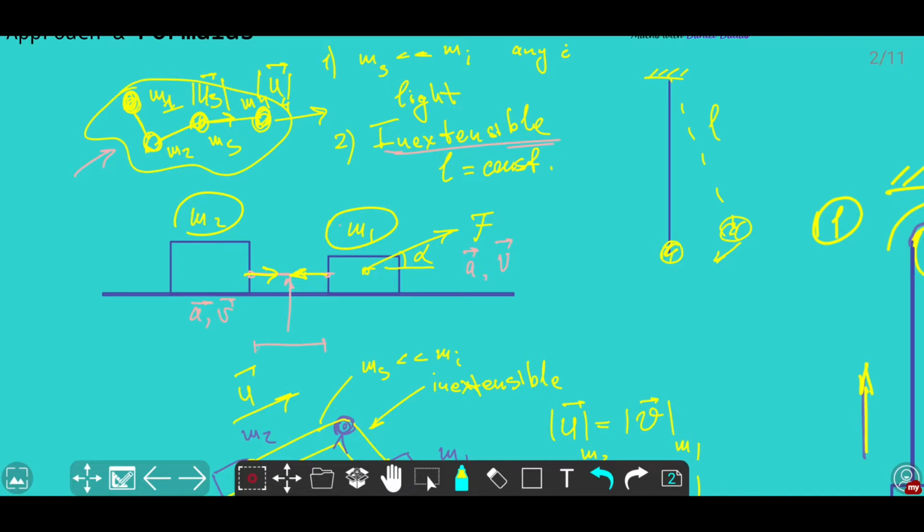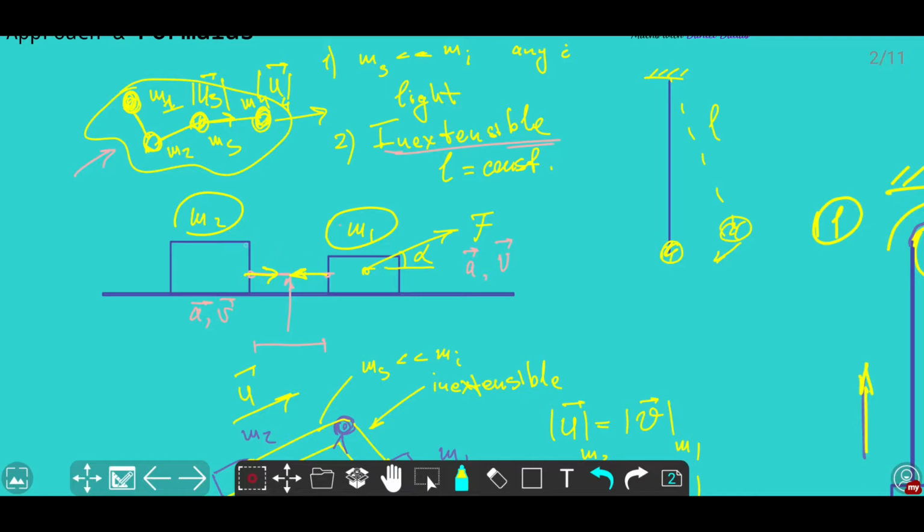Why can you do this? You can apply Newton's third law, where for every action there is a reaction, which is the same in magnitude but opposite in direction.